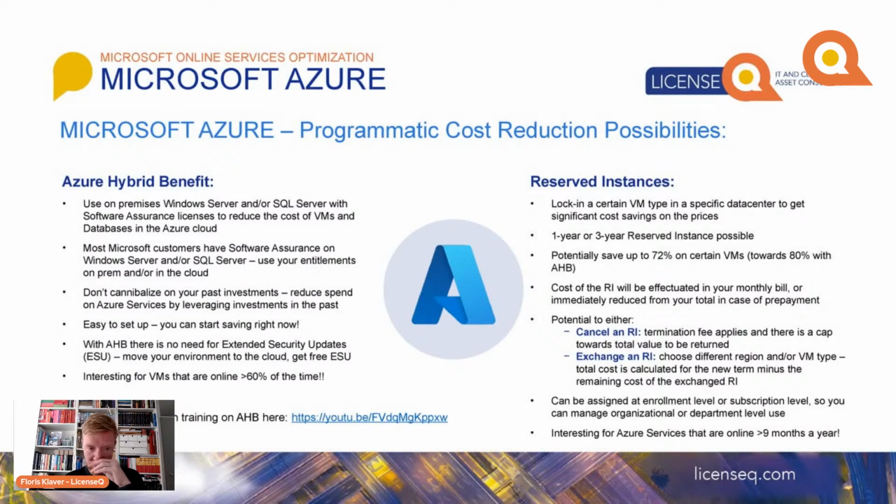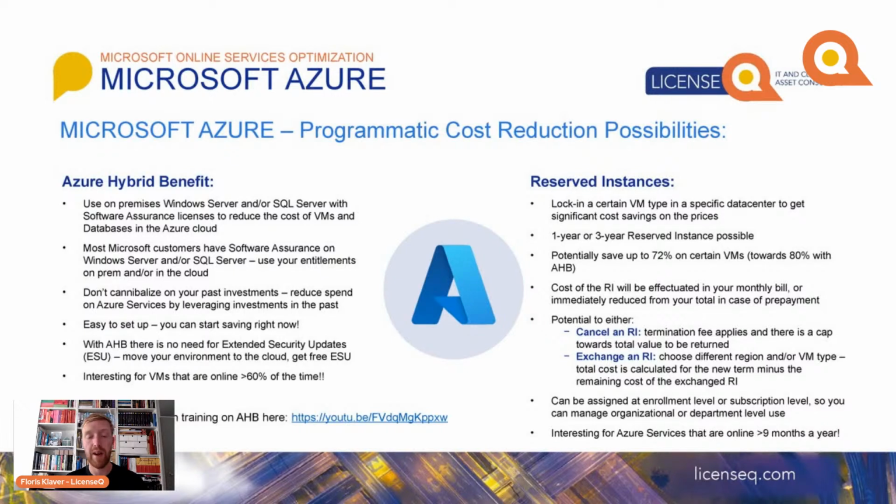Additionally, how to go about licensing this, do again check the content that we have on our YouTube page, but just to give a little bit of background, you will need to count the VMs that you have. You will need to know the amount of Windows Server or SQL Server and software assurance license that you have. And there's some generic rules on what you can do with your software assurance entitlements.